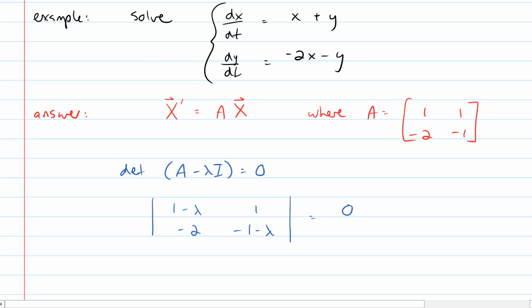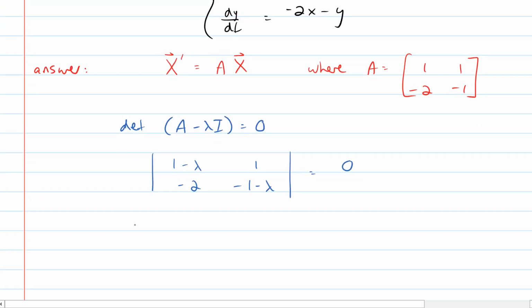That's going to equal 0. When we write this out, we get 1 minus lambda, and now I'm going to multiply it by -1 minus lambda, but to make it easier on myself, I'm going to pull out the negative, and that becomes 1 plus lambda. And then subtract the product of the off-diagonal elements. We're subtracting a -2, so we're going to get plus 2 is equal to 0.